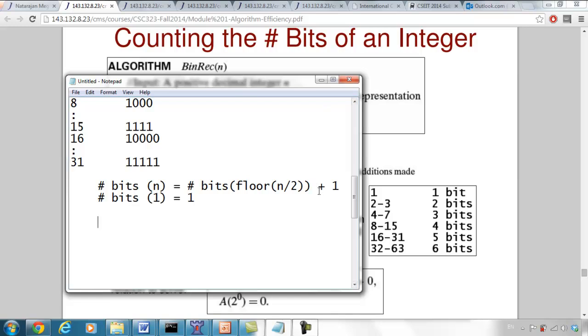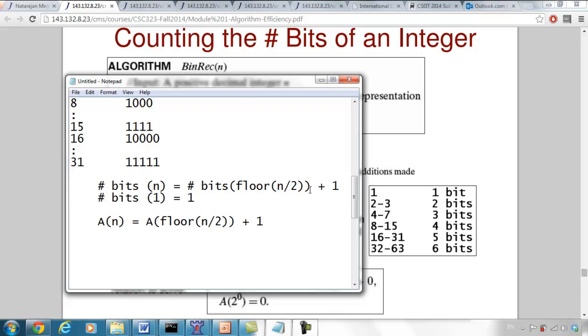Okay. And since addition is more explicit here, that's why we want to do the time complexity analysis for the number of additions. The number of additions we do to compute the number of bits needed for integer n is, like the factorial thing, whatever number of additions it takes to compute the number of bits needed for the floor of n over 2, plus 1, right?